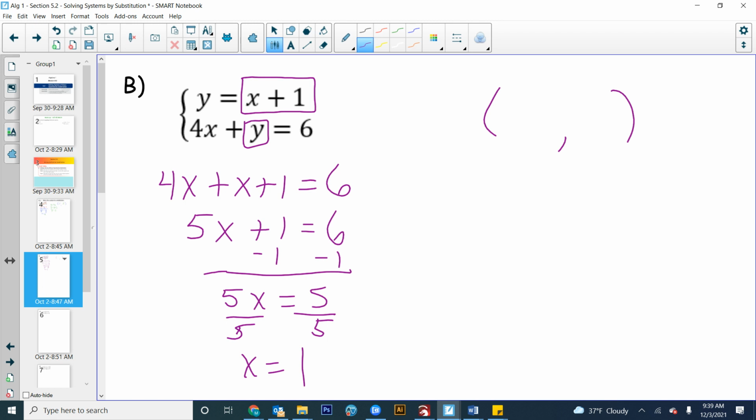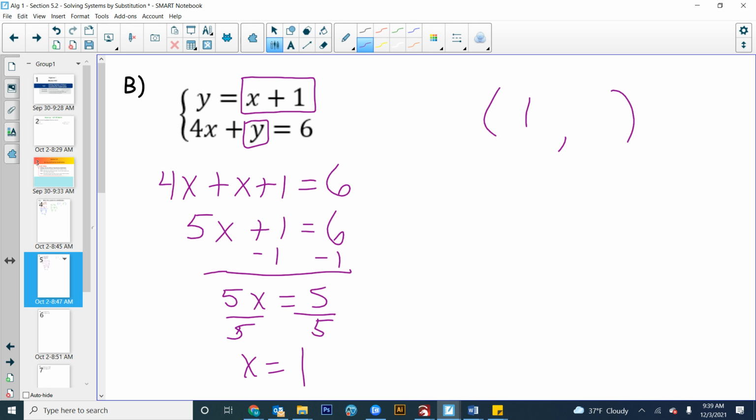Okay. Guys, we got x equals 1, right? Now, which equation is solved for my variable? Liv? In other words, which equation did I start with? Top one or the bottom one? Okay, that's what I want to sub my x in, because don't I have to get y yet?